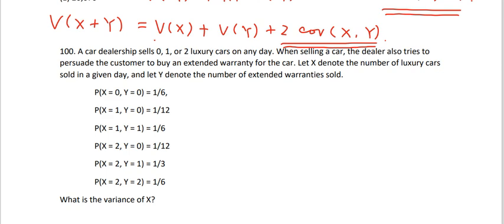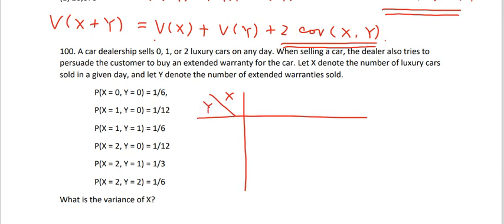Okay, so for problem 100, this is actually a discrete distribution for two variables. So we can use a table. Like here, x, y.